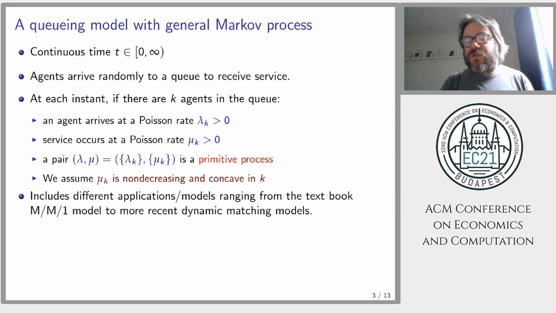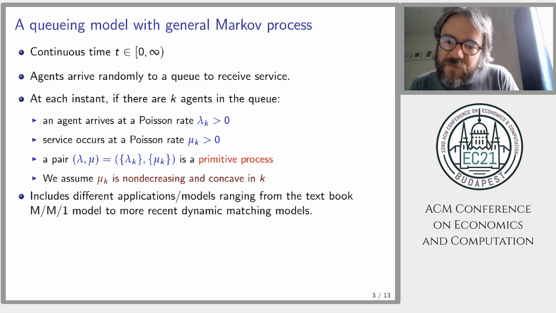Similarly, an agent in the queue is going to be served at rate mu k, where again, the rate at which an agent is served is going to be a function of the number of agents who are currently in the queue, k agents. So we'll say that lambda, mu, where lambda is a collection of lambda k for each queue length k, and mu is a collection of mu k for each queue length k, we'll call this a primitive process.